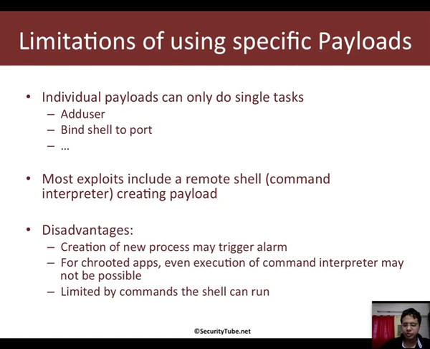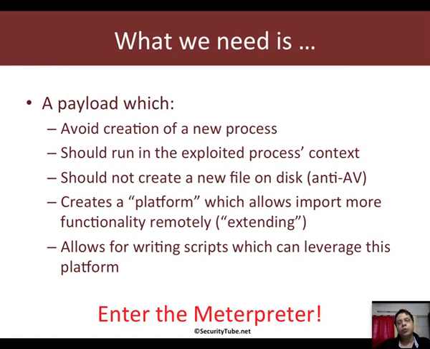This is where what we really need is a payload which avoids new process creation, which is fantastic, because now when a user or any other tool looks at the list of processes, it would not find anything new, right? Second, what this basically means is it can somehow run quietly in the exploited process's context while still allowing the exploited process as much as possible to run as usual, right?